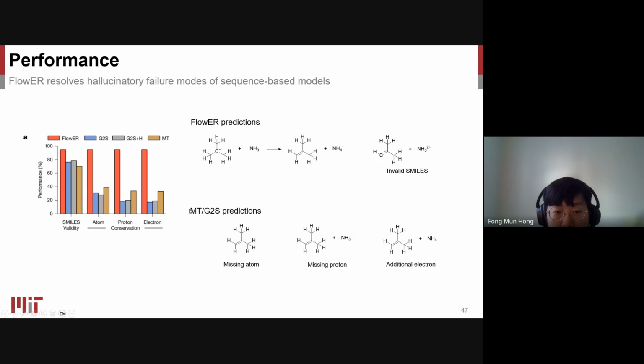But for Molecular Transformer and Graph2SMILES, most of their SMILES predictions are not mass conserved. It's easily evident from this chart over here.